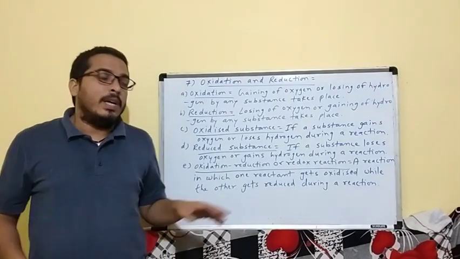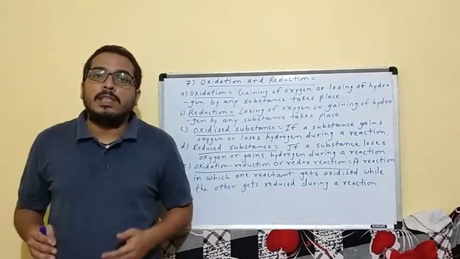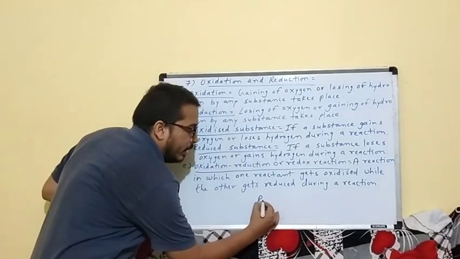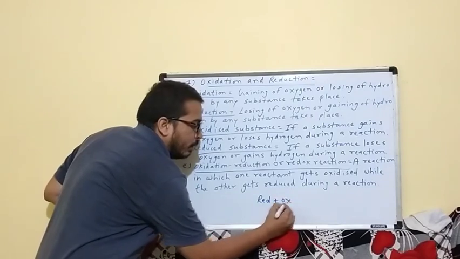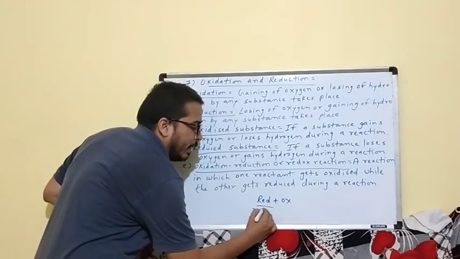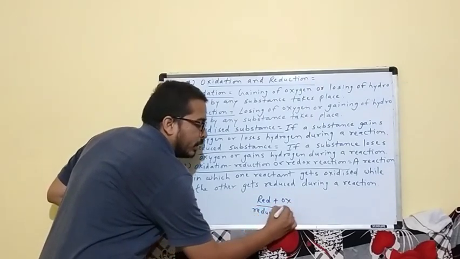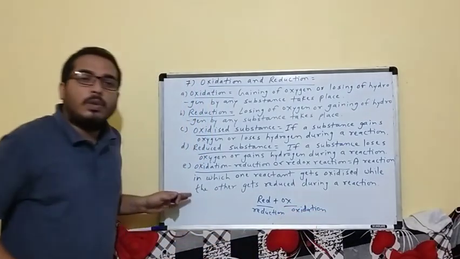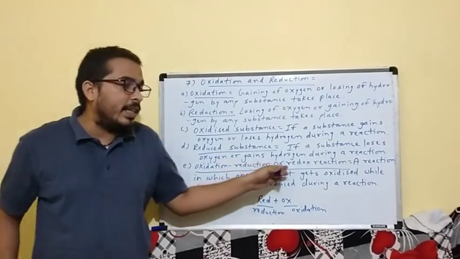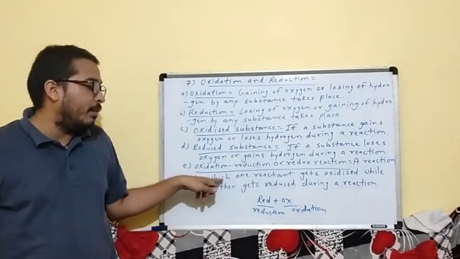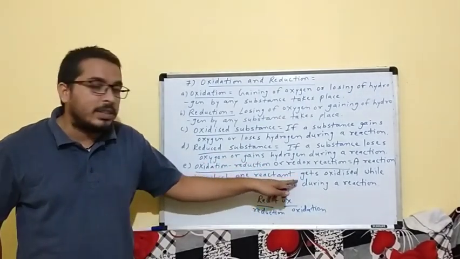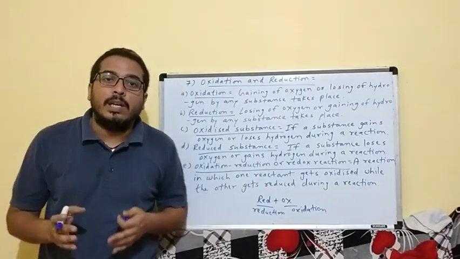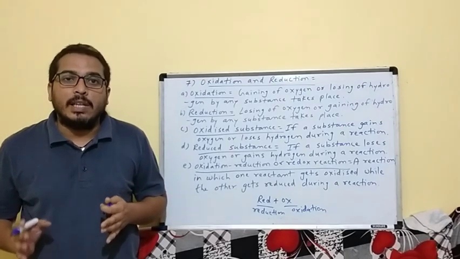And the last one, redox reaction or oxidation reduction reaction. This redox is made by 2 words, red plus ox, where red means reduction and ox means oxidation. So oxidation reduction reaction means a reaction in which one reactant gets oxidized while the other gets reduced is called redox reaction.